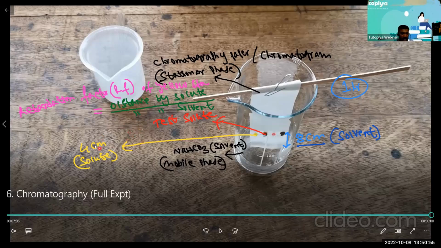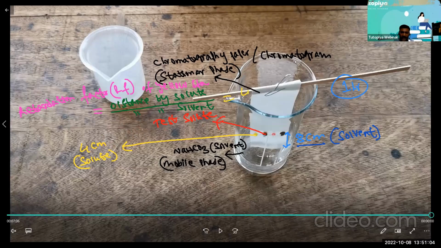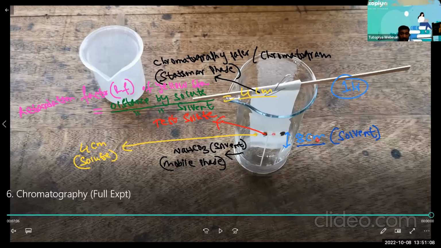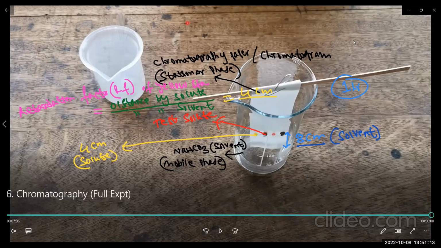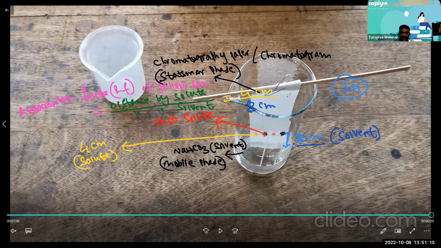The solute is my first one, yellow, which is 4 centimeters. 4 centimeters divided by what is the distance traveled by the solvent? 8 centimeters. Very good.